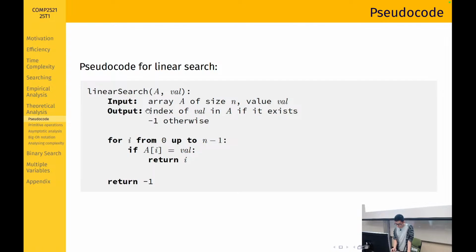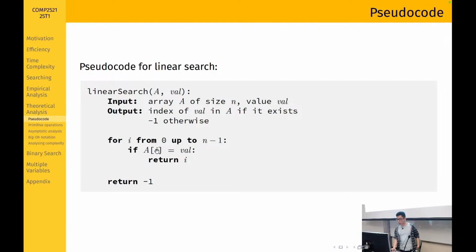So the input to our algorithm is an array of size n and a value, right? And the output is going to be the index of the value in the array if it exists, or -1. Inside our algorithm, we have a for loop from 0 up to n-1.